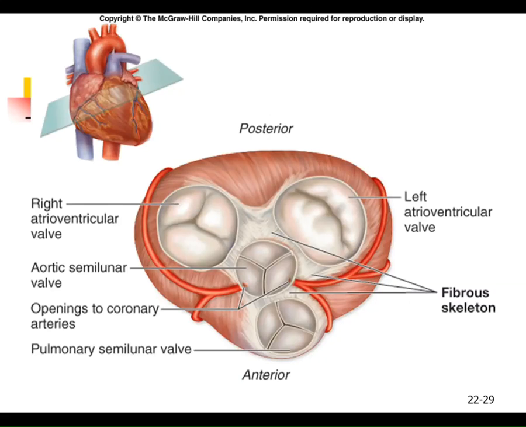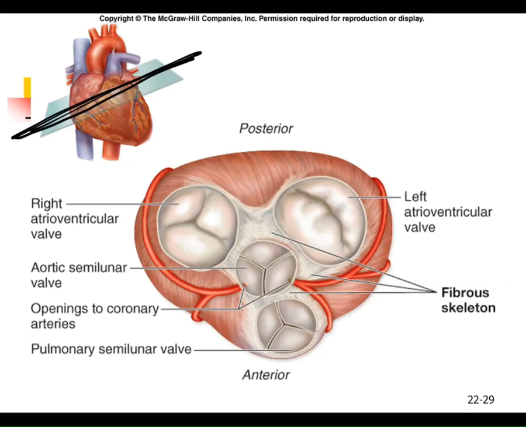Theoretically, though, if you were to slice your heart next week, when we're dissecting the hearts and the lungs, you could slice right where this green plane is, and theoretically hit it just right and lay it down and see all four valves in the same plane. All four of those valves are embedded in this fibrous skeleton. Which of these must be the bicuspid?